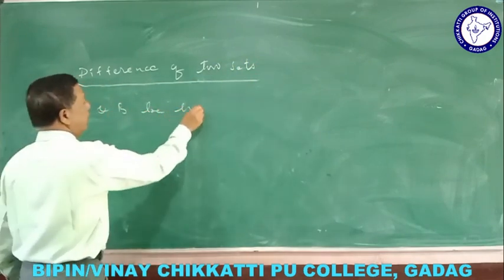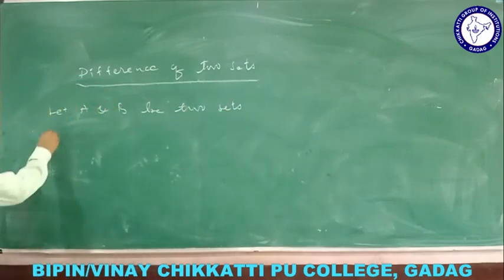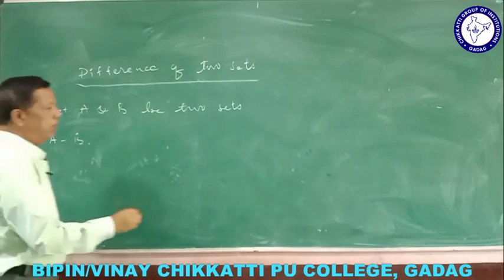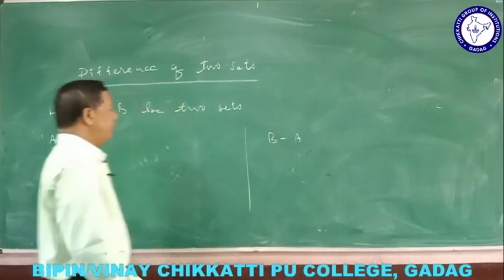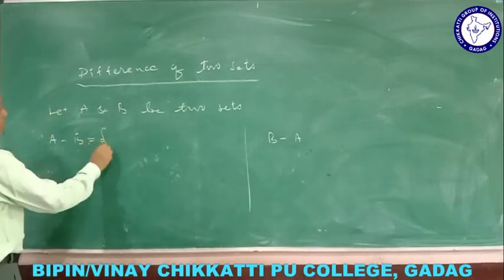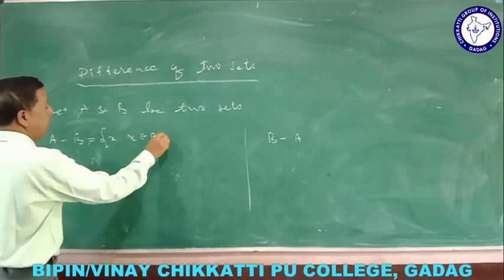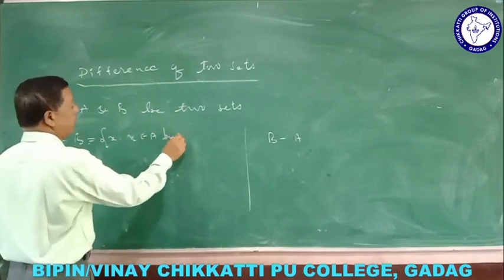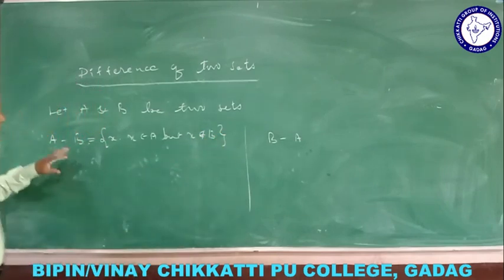Then for the difference you may go for A minus B, or even B minus A. Both are correct. But how do you say A minus B? It is the set of X such that X belongs to A but X does not belong to B. So this is the definition.